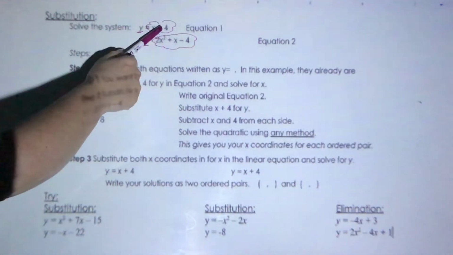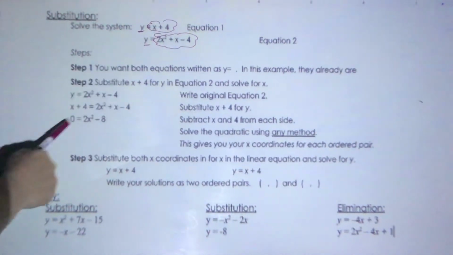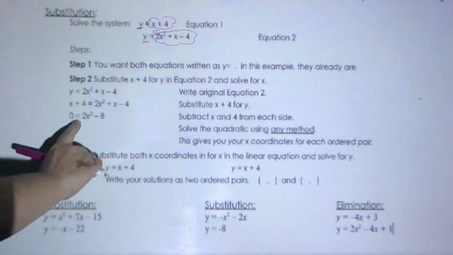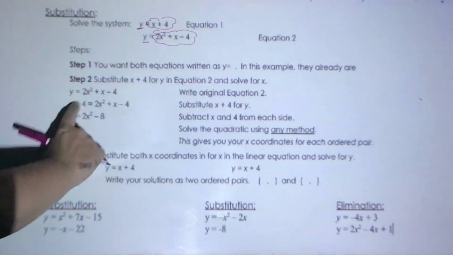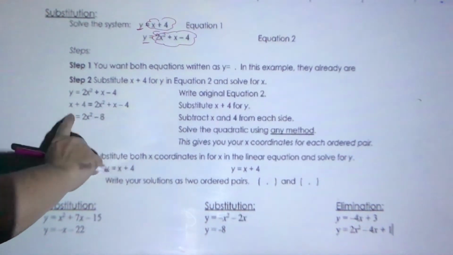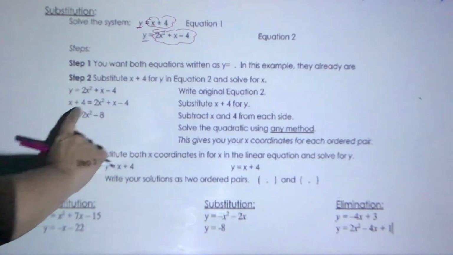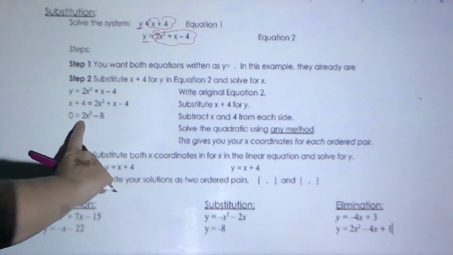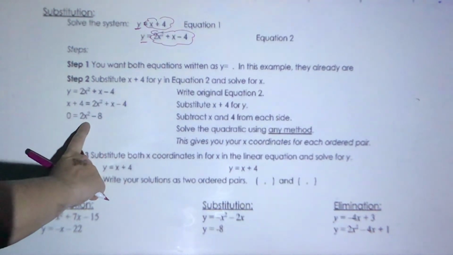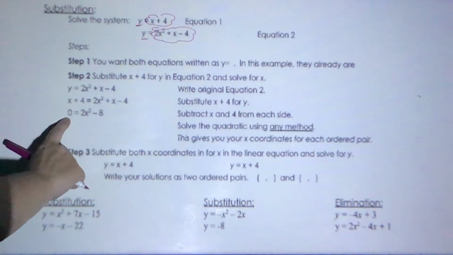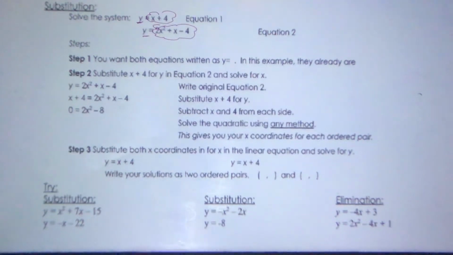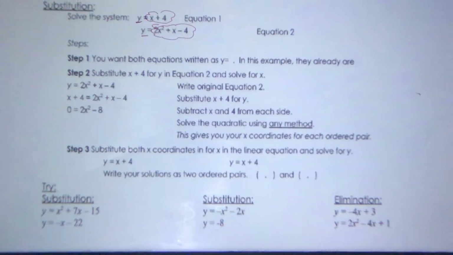You substitute this for y in this equation, and you write one big equation. Your equation has the linear on one side and the quadratic on the other side. And it doesn't matter which side you put them on. But then you move everything to one side so that you can solve your quadratic, because to solve a quadratic, you need to have it equal to 0 if you're going to try to factor or use the quadratic formula.